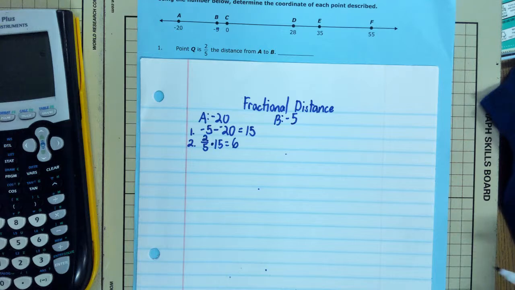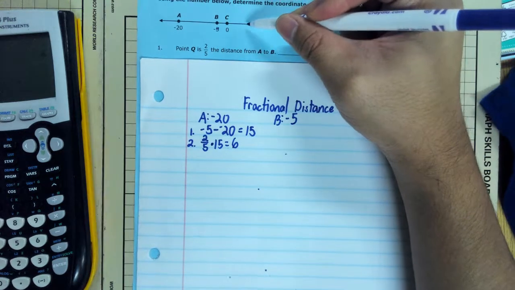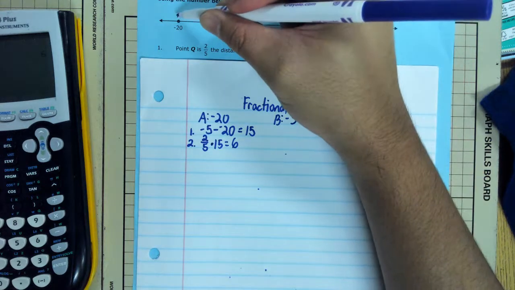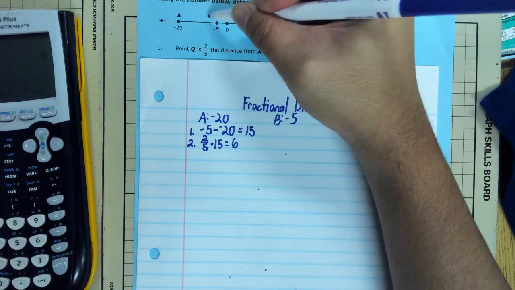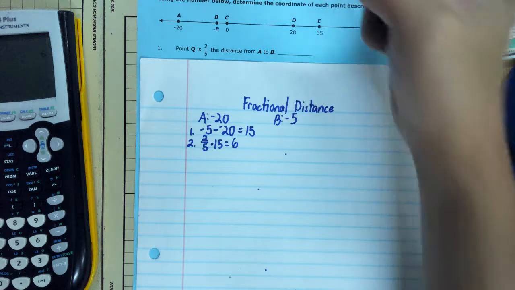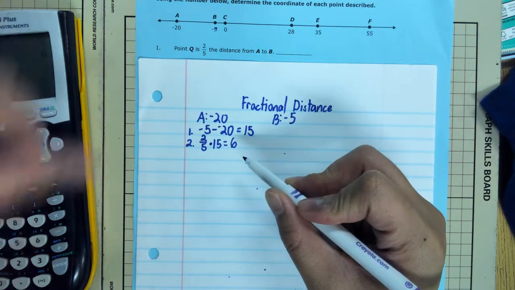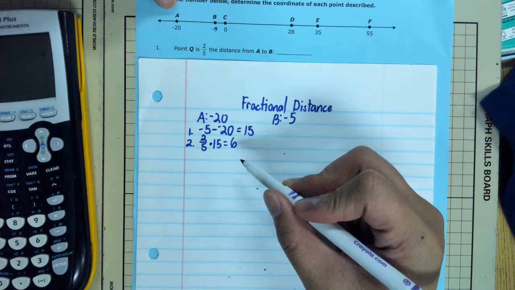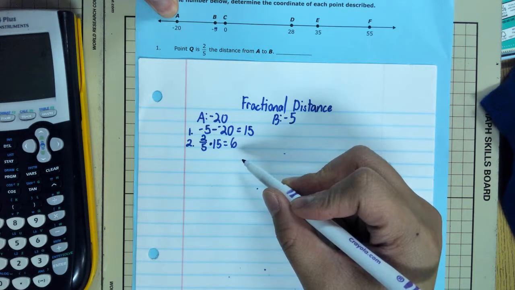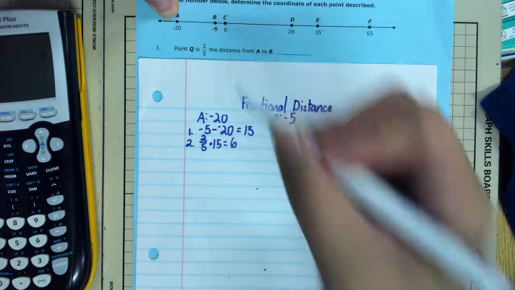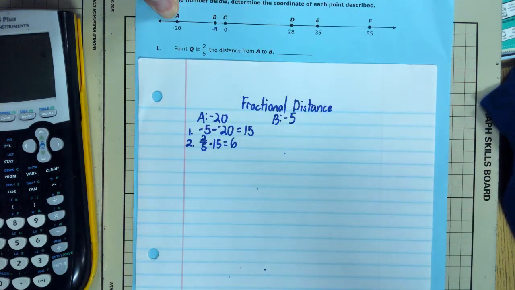Now, is 6 my answer? Here is 0, so 6 is somewhere right here. Hopefully y'all can see that. No, I'm talking about numbers between A and B, and 6 is way out here. What this 6 tells me is, from my starting point, which is A, which is -20, I move 6 units over going to B. I'm going to the right.